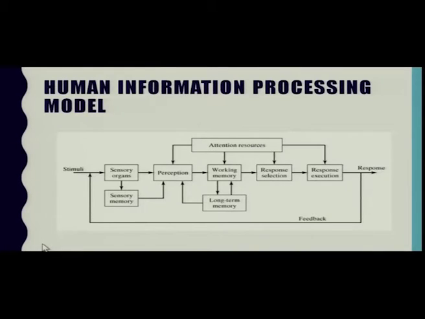If we have a look at this human information processing model, which we briefly understood in the previous slide at the initiation of the cognitive ergonomics course, here is the perception.